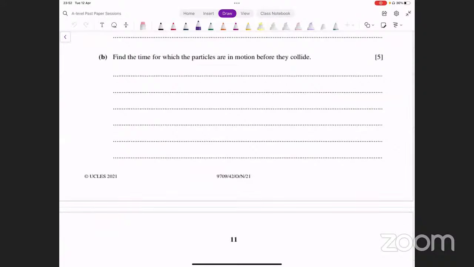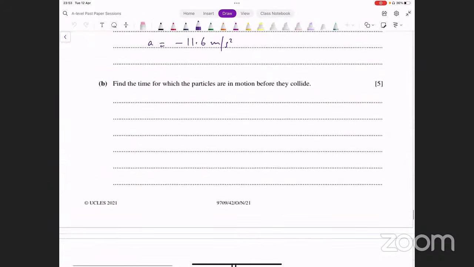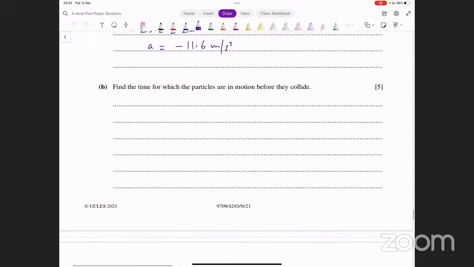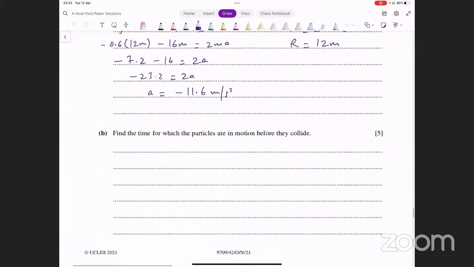Okay, let's look at this. M1 actually मैंने बनाया था, मुझे अभी याद आया.